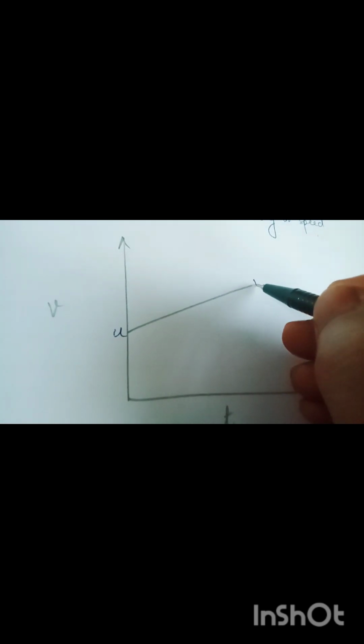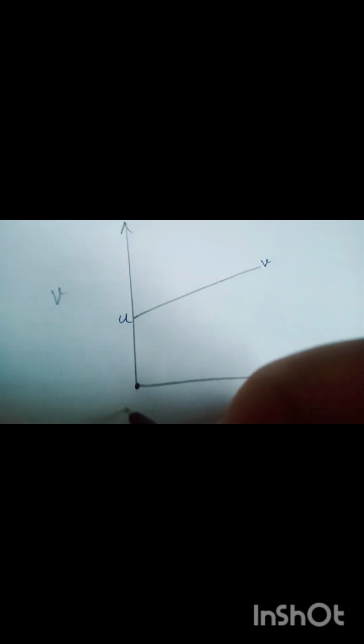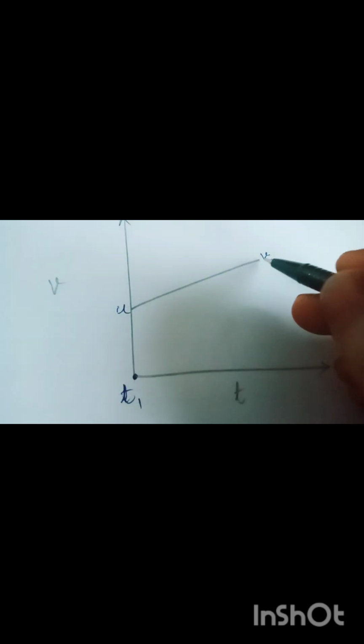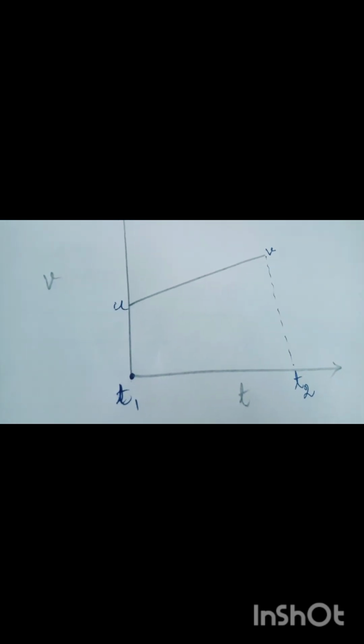Now we have the velocity time graph. Here this is the initial velocity, and after some time the object or particle attains the final velocity. This is the initial time t1, and this is after some time interval t2.